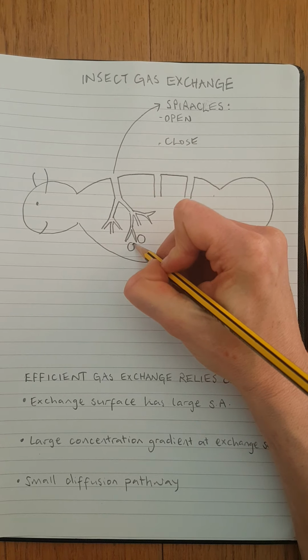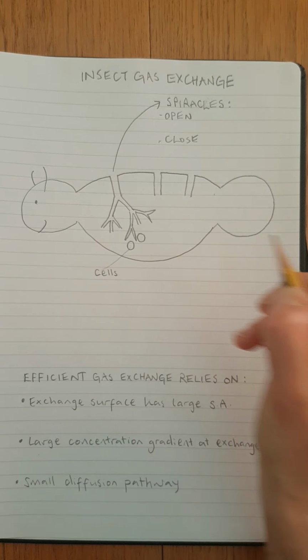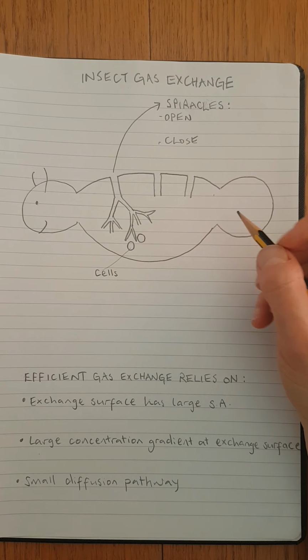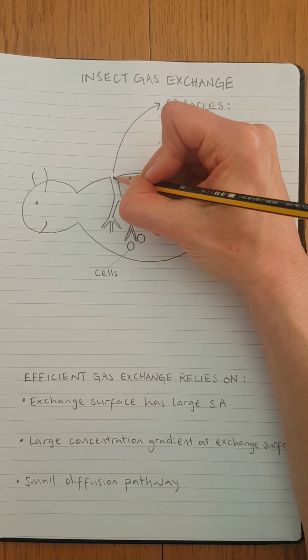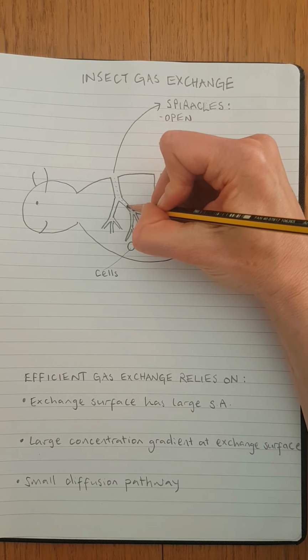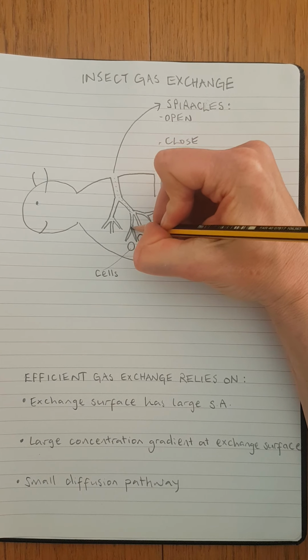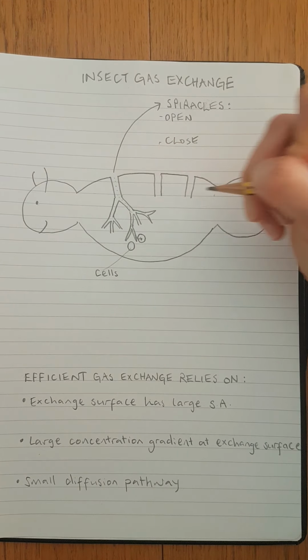So at the end here, I'm going to draw in some cells of the insect's body to show that any oxygen that comes in through the tracheole from the atmosphere will be able to go all the way down the tracheal system, and then it will be able to diffuse into the cell.